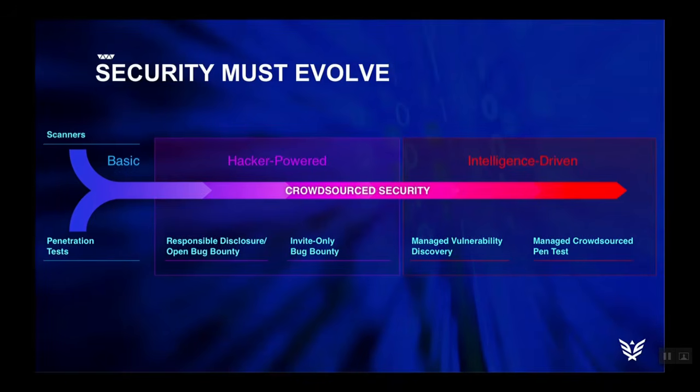In the last few years, it's starting to happen with vendors, big corporations, especially places like Google. They're running responsible disclosure and open bug bounty programs to get more people involved in security, crowdsource, and get more people working together to find security issues in all kinds of systems.